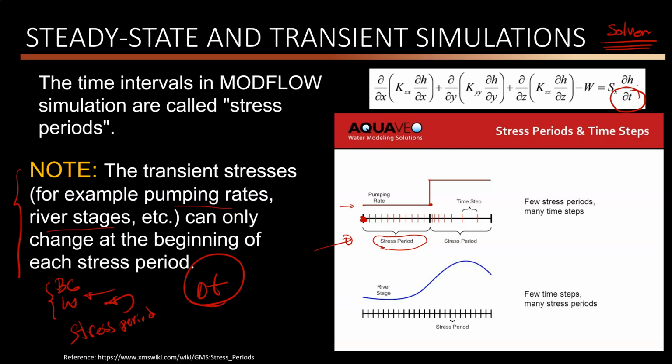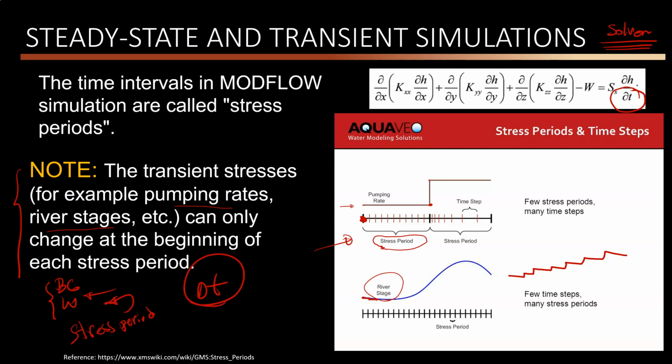But if this is the river stage, for example, which fluctuates smoothly like this, to represent this we have to have smaller stress periods. So technically you have a system like this. That's the stress period.